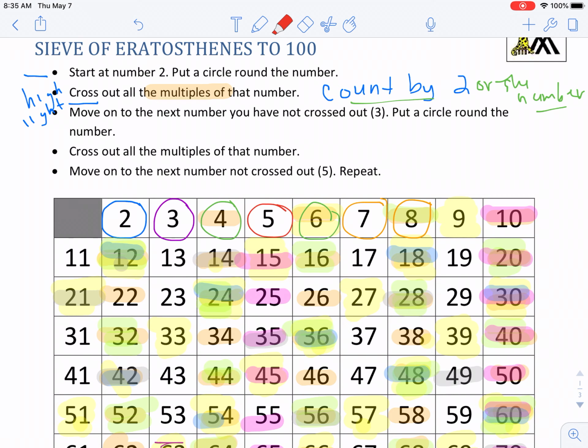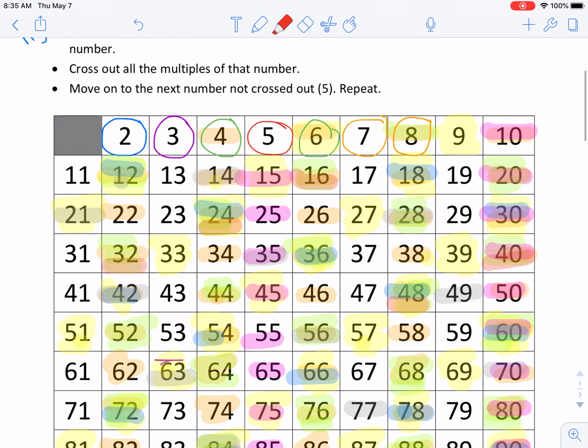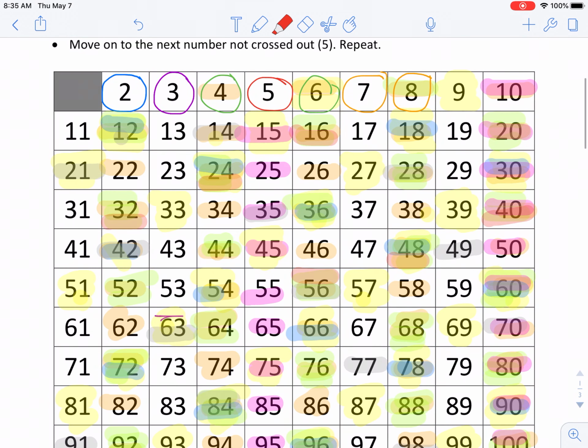So let's go, counting by 8s. 16, 24, 32, 40, 48, 56, 64.